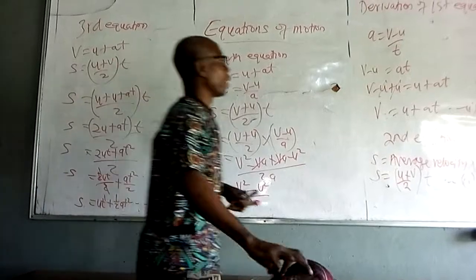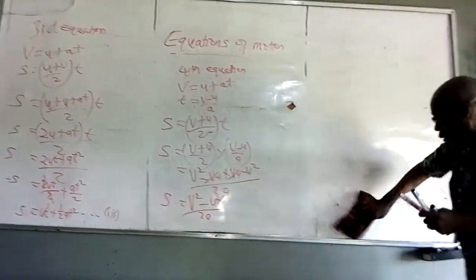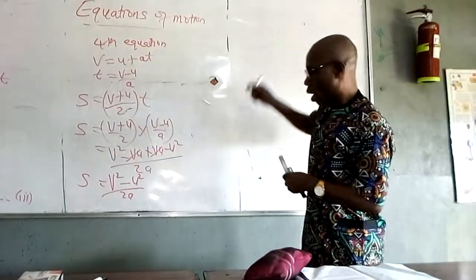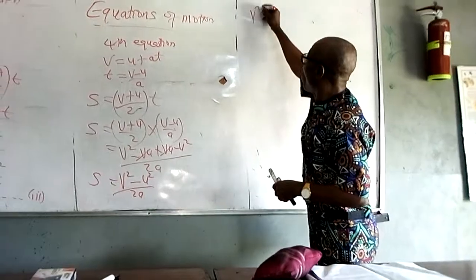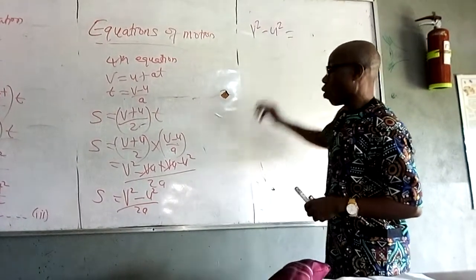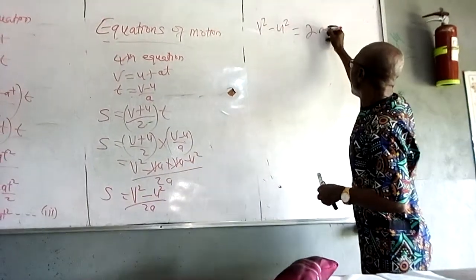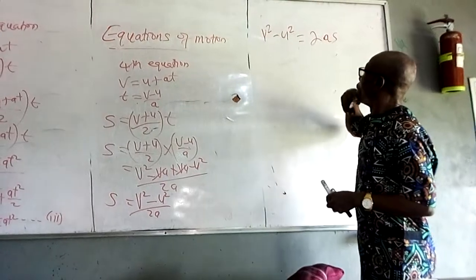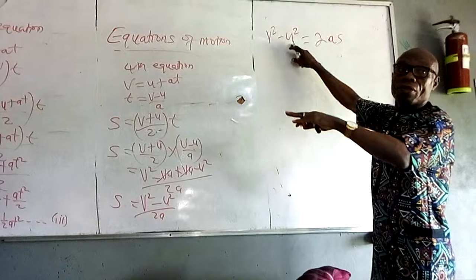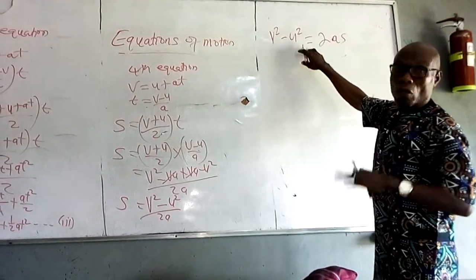So we cross multiply, and we now have v squared minus u squared is equal to 2as. To move this minus u squared from the left to the right, we add u squared to both sides of the equation.